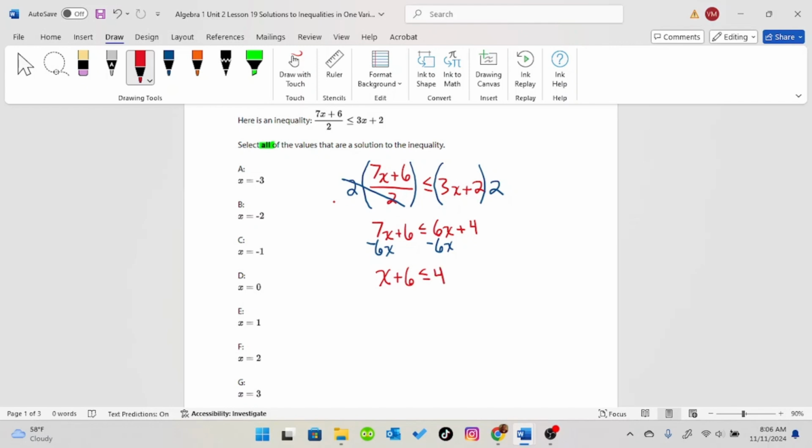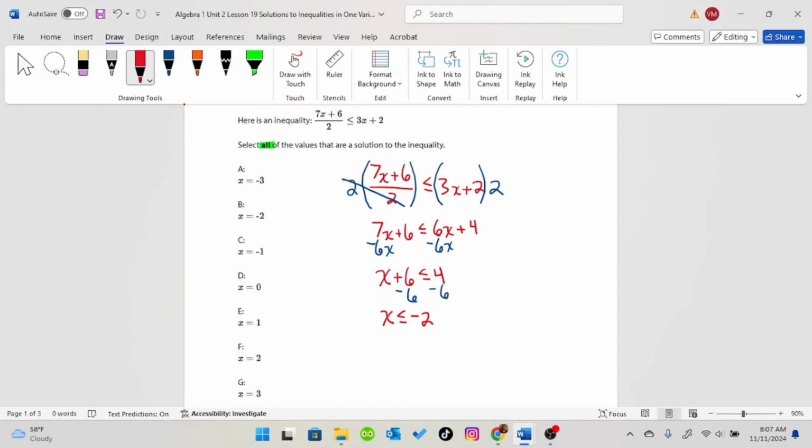On the right side, 6x minus 6x is 0, so that's gone now. Next, the opposite of plus 6 is minus 6. So I'm going to subtract it from both sides to keep it equal. And I end up with x is less than or equal to 4 minus 6, which is negative 2.